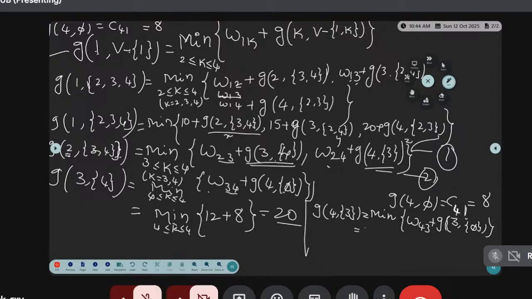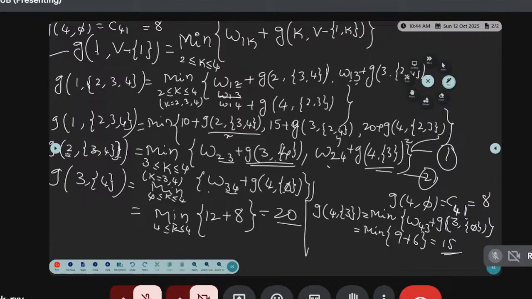This is equal to minimum of W43, fourth row third column, 9 plus g of 3 comma 5, that is C31, cost of 3 comma 1, 6. This is equal to 15.